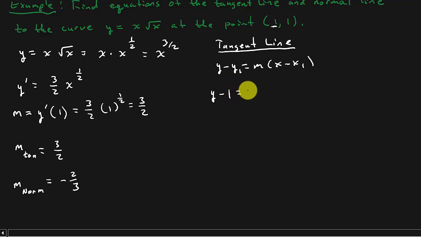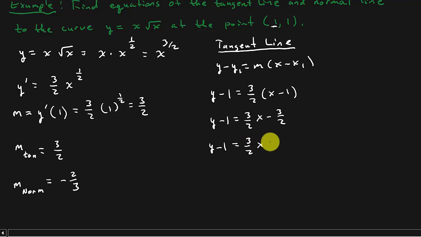So I get y minus 1 equals 3/2 times x minus 1. So y minus 1 is 3/2 x minus 3/2. Then adding 1, negative 3/2 plus 1 is positive 1/2.